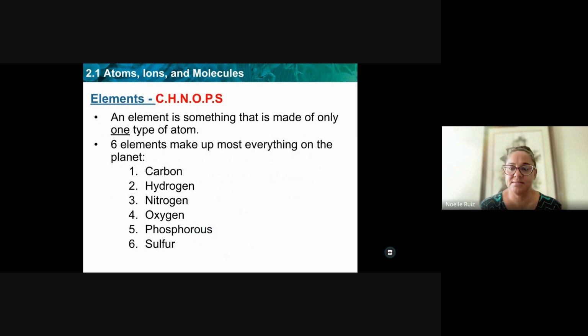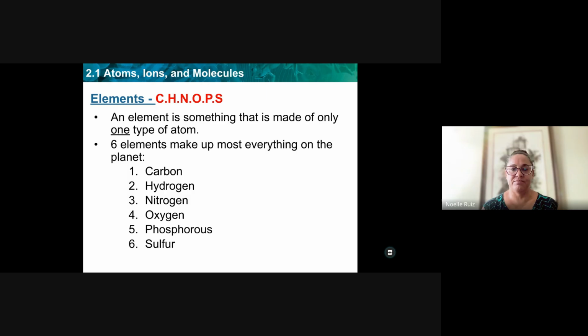Elements. An element is something that is made of only one type of atom. There are a lot of elements, which we'll talk about in a minute, but there are 6 main elements that make up all living things.